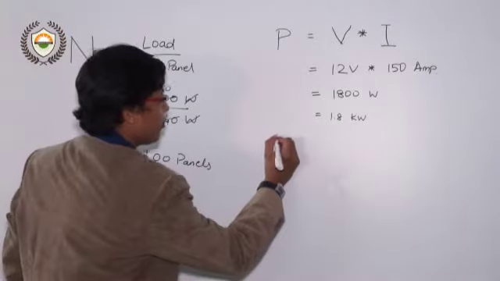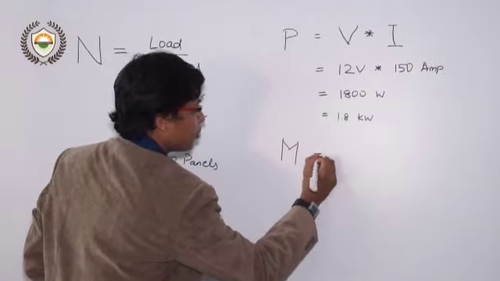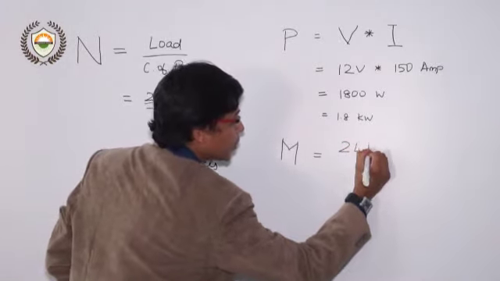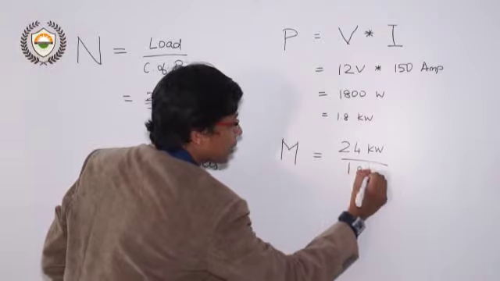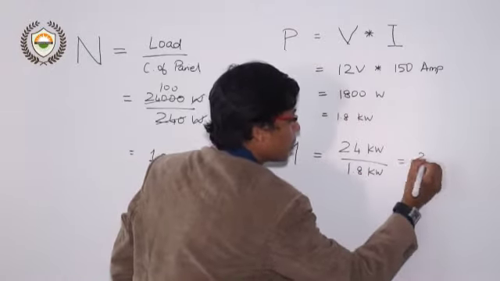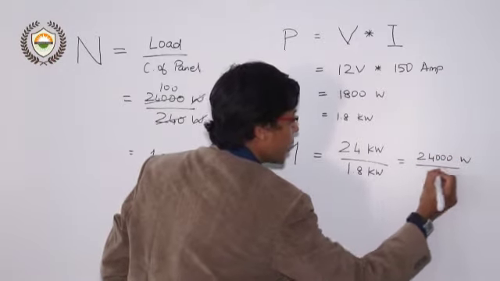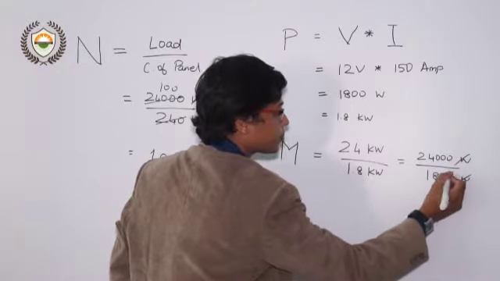And now if we want to calculate the number of batteries, M, for the same amount of load, that is 24 kilowatt divided by 1.8 kilowatt, or 24,000 watt divided by 1800 watt.